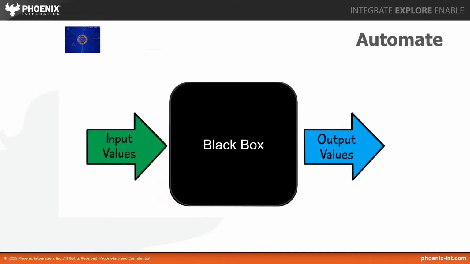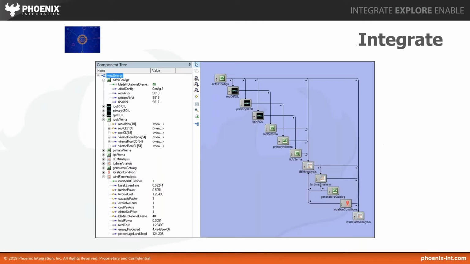Once we have automated a tool in this fashion, we can then integrate them together into a workflow. This is still with ModelCenter Integrate. You see here in this example workflow, we have a bunch of blocks tied together. Each block here, which we call a component, represents a black box analysis.